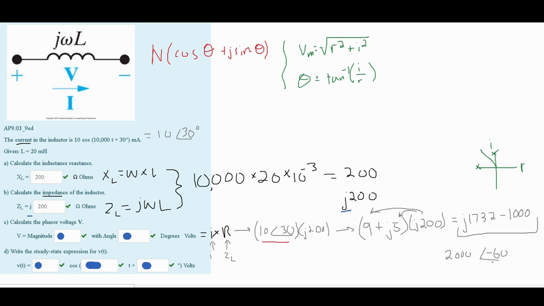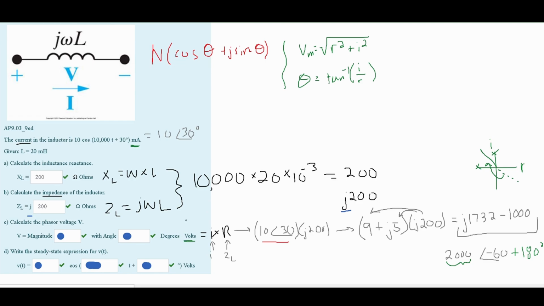It's important to note that our angle is not in our second quadrant. In fact, it's in the opposite quadrant, quadrant 4. So we have to add 180 to this to make it in quadrant 2, and then we will have the right angle. Now, this is not the correct number for our magnitude either, because we were given our initial current in milliamps, and our equation does not want millivolts, it just wants volts.